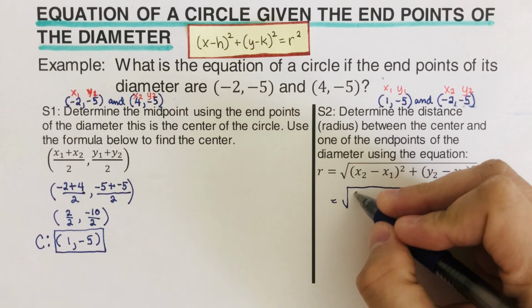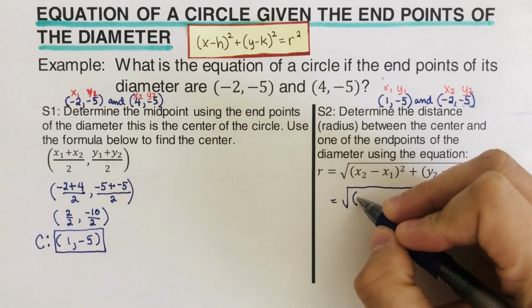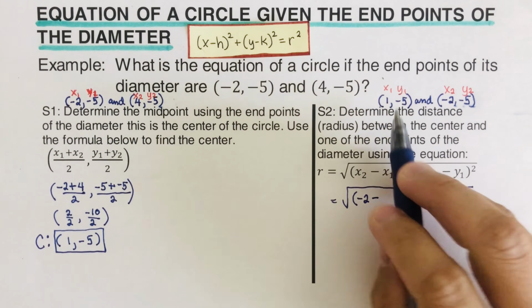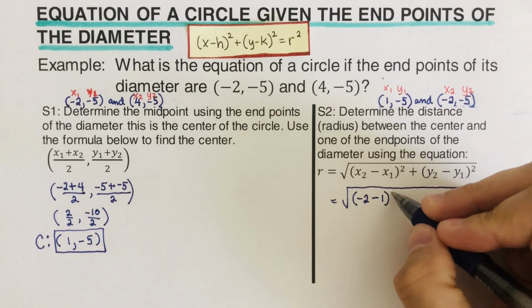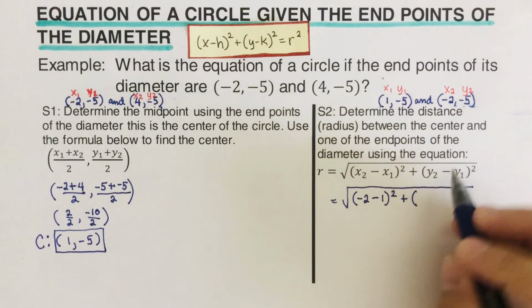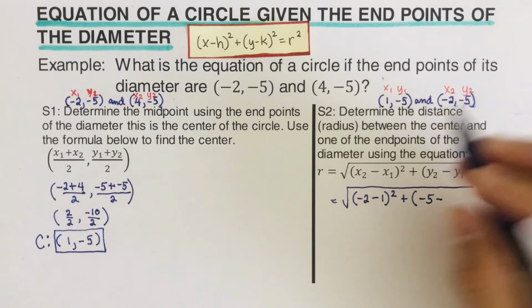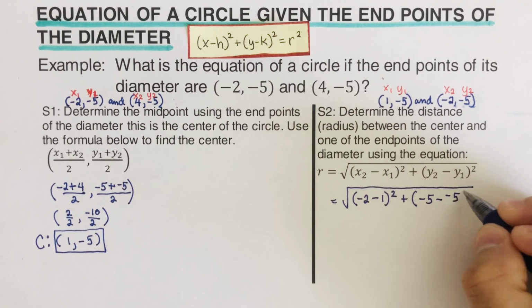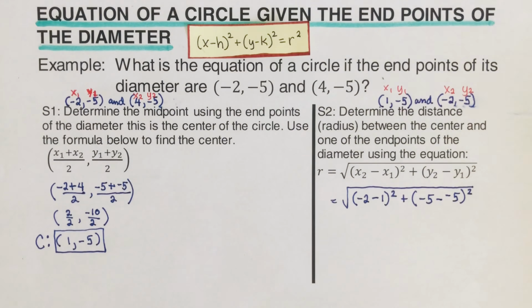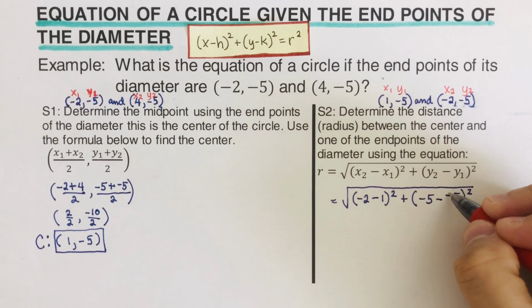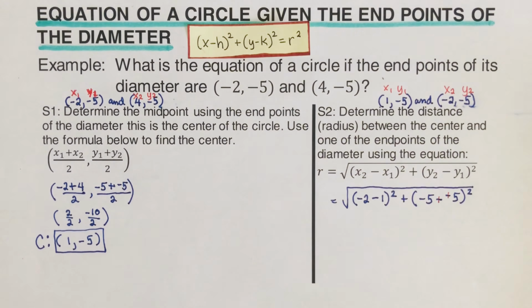We start with x sub 2. X sub 2 is -2 minus x sub 1 is 1, squared. That's plus y sub 2 is -5 minus, that's a -5, and then that's squared. So remember, we are going to change this to plus, and then we simplify this.